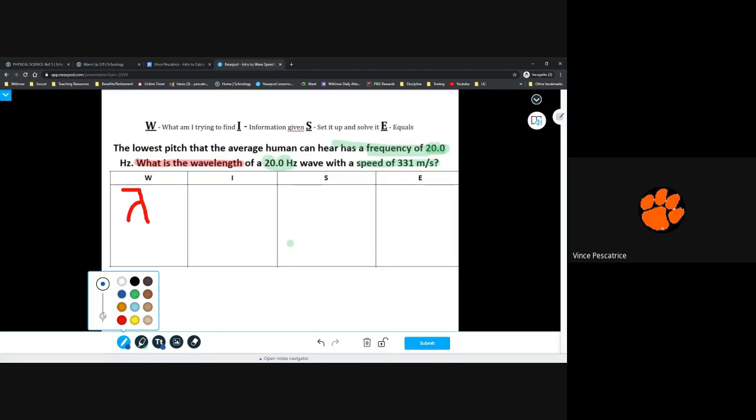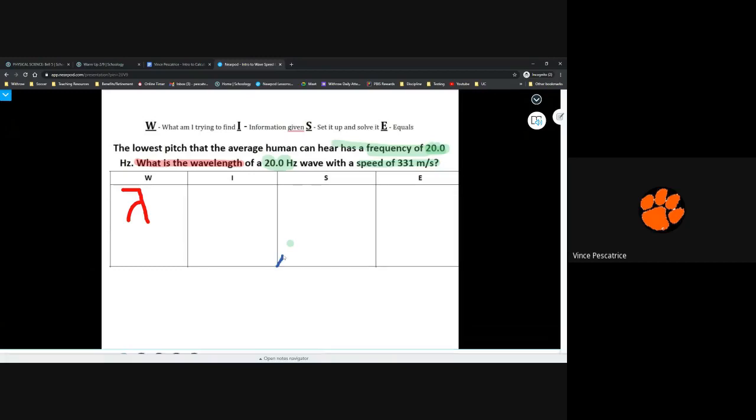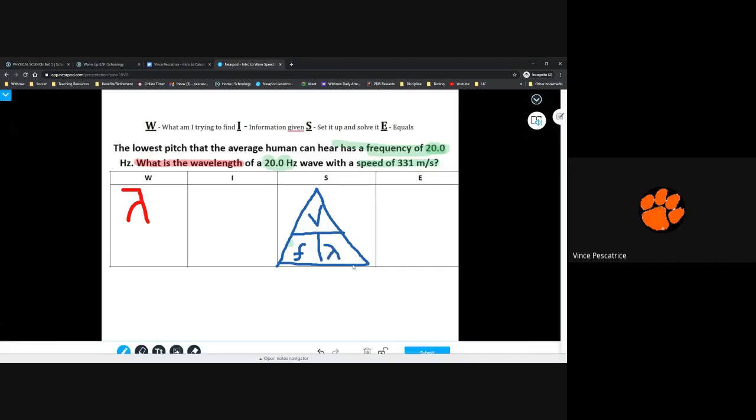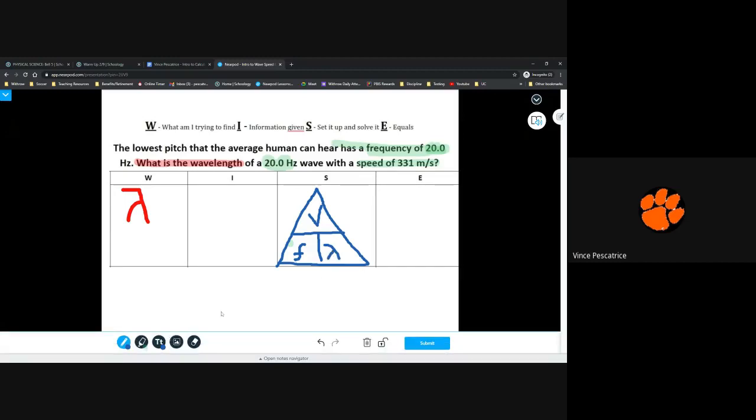For the setup and solve part, refer to your triangle. You're not going to be able to draw in every box, but I'm just doing this to make it simpler. So what symbol should I cover up?